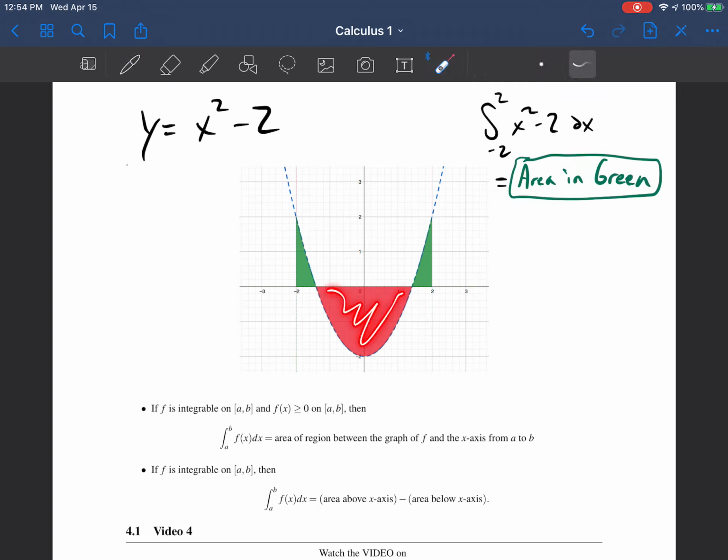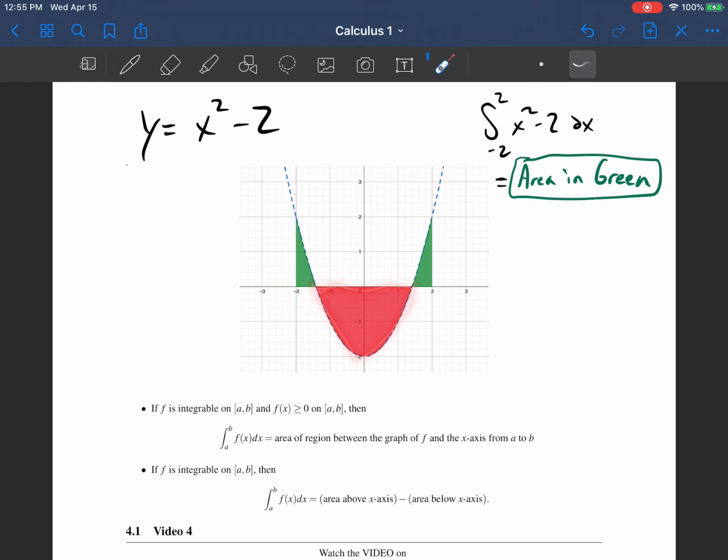And then this area beneath the x-axis, the integral actually tells us this area here, except it tells us this area with a negative sign. Because this graph dips below the x-axis, this area down here is still the area bounded by the graph of the function and the x-axis, right?